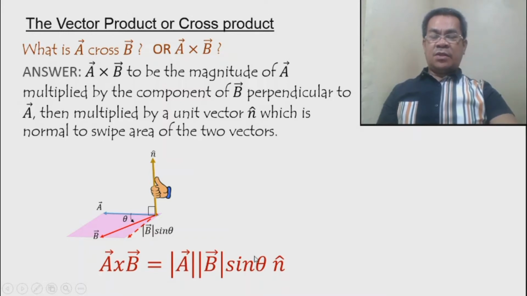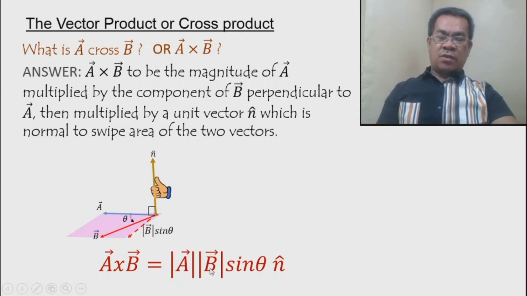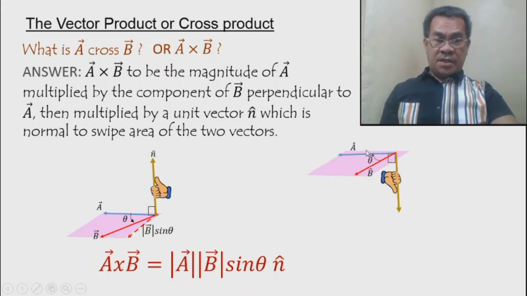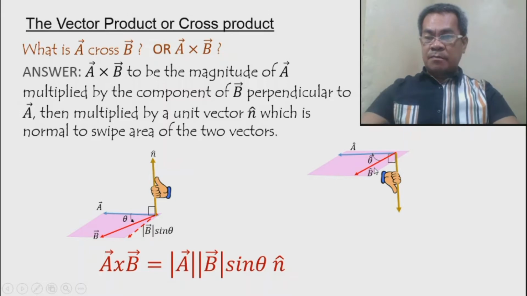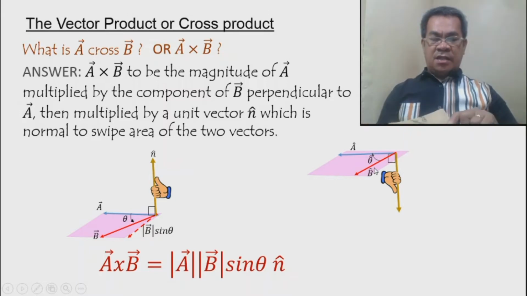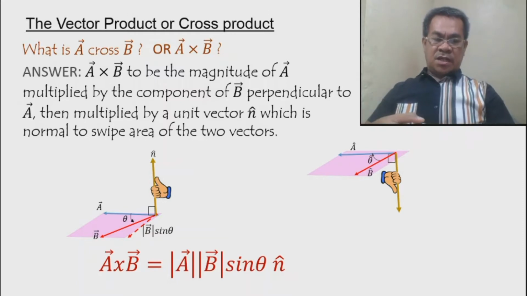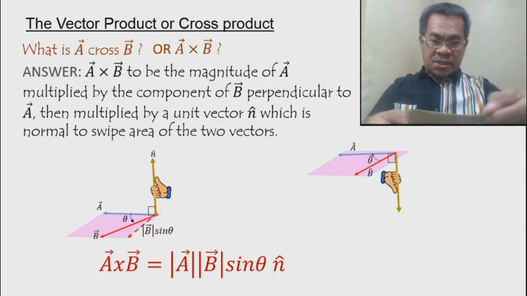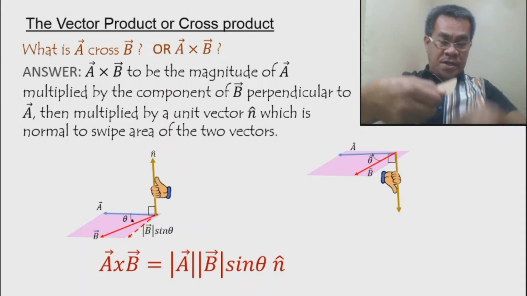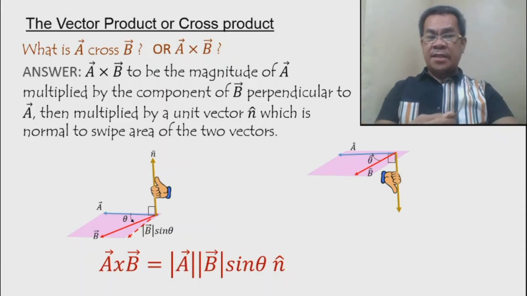Okay? Now, what do you think if we reverse the cross product? A cross B, this is the result. What will happen if we reverse to B cross A? So if you reverse the direction of the angle, then instead of rotating in this direction, it will reverse. So once reversed, it will move downward in the direction of the thumb.